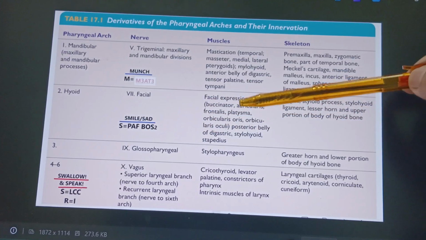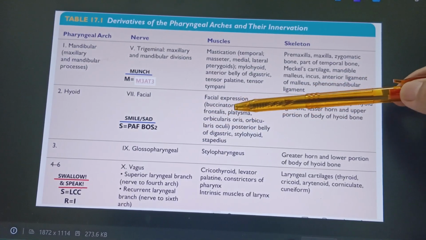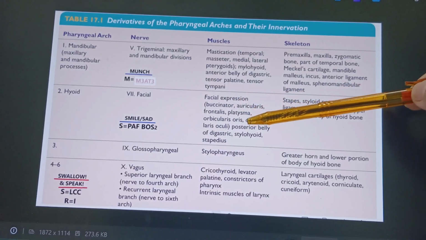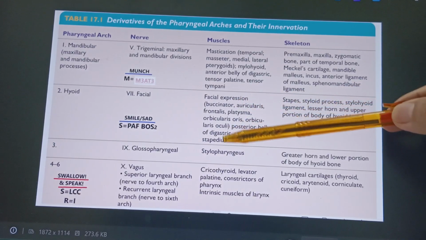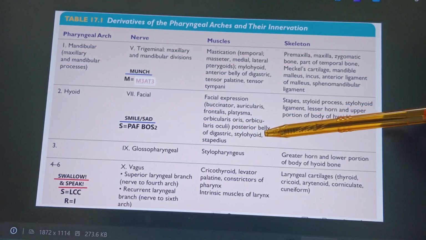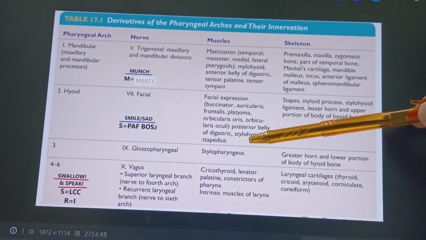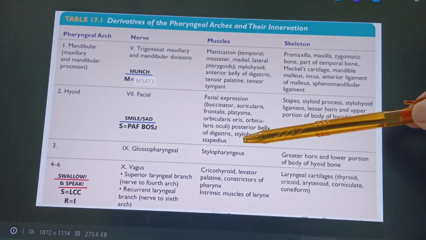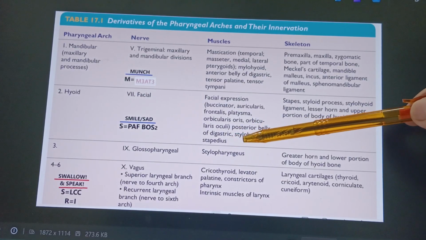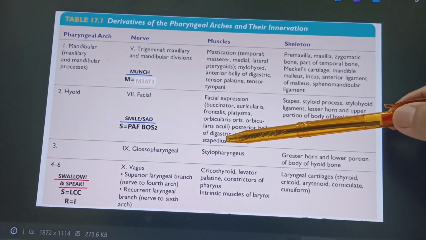So expressing our feelings via facial musculature includes buccinator, auricularis, frontalis, platysma, orbicularis oculi and oris, and the posterior belly of digastric, and two muscles of the hyoid bone and the middle ear ossicle respectively, the stylohyoid and stapedius.